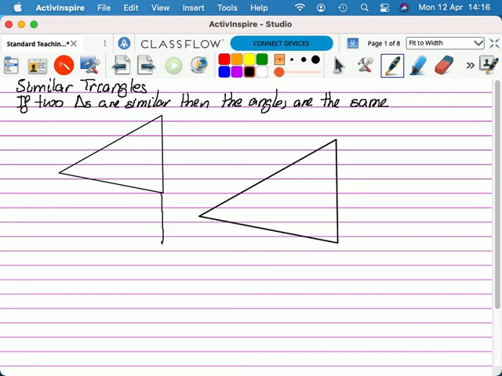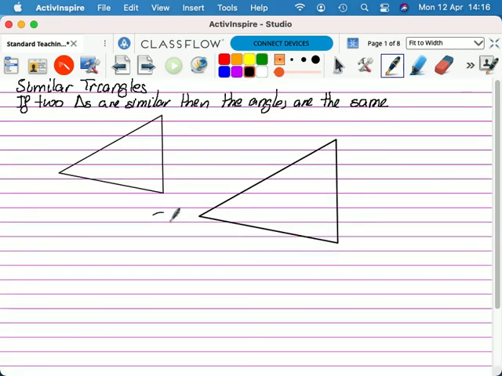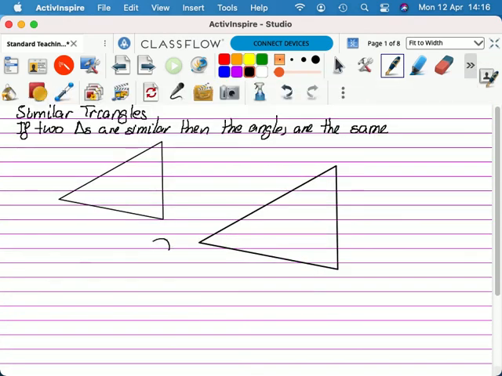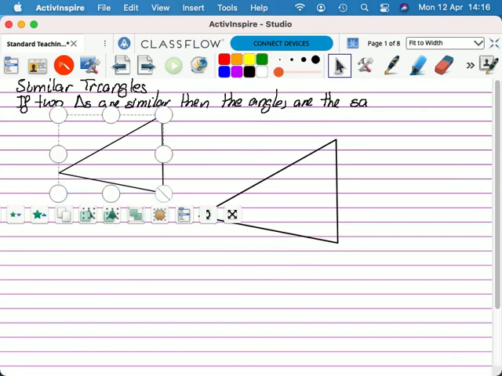But the other aspect of it, which is equally as important, is if the triangles have the same angles, then they are also similar. So it's true both ways round.